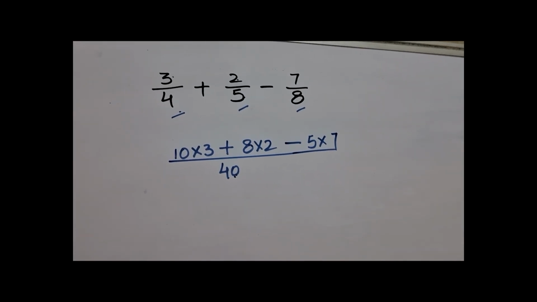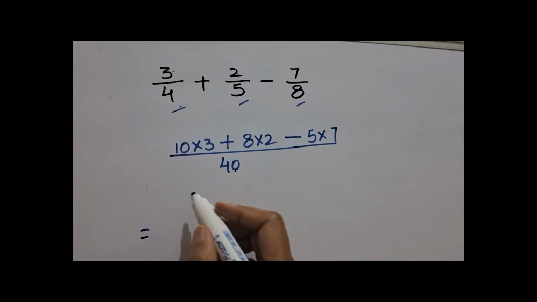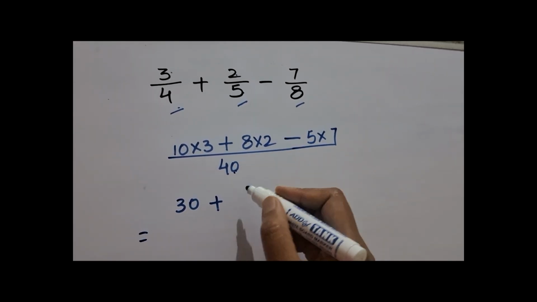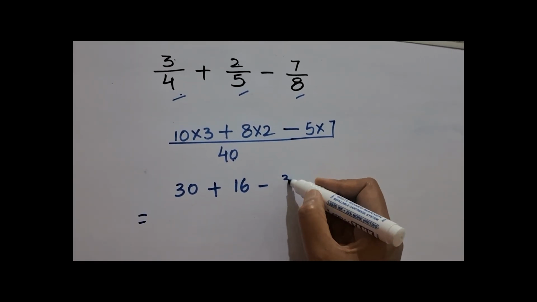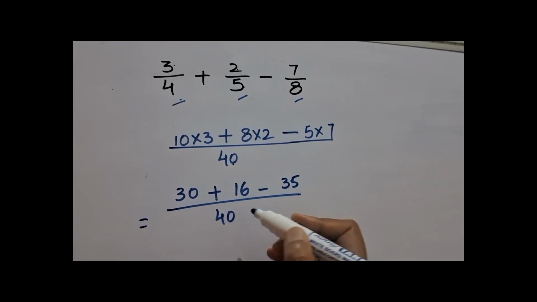Okay, children. Now this gives us what? 10 into 3, that is 30, plus 8 into 2, that is 16, minus 5 into 7, 35 by 40.